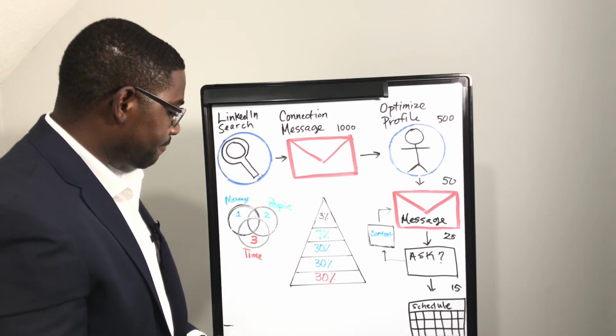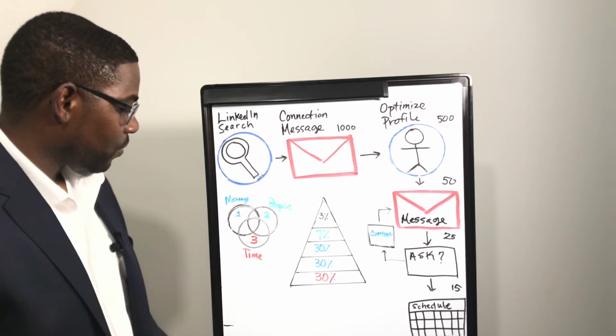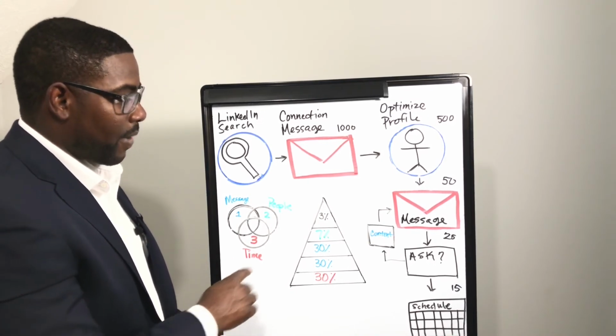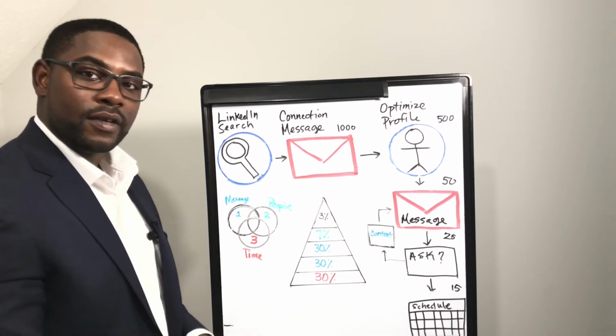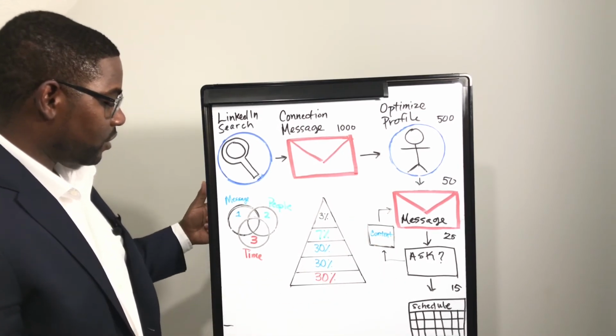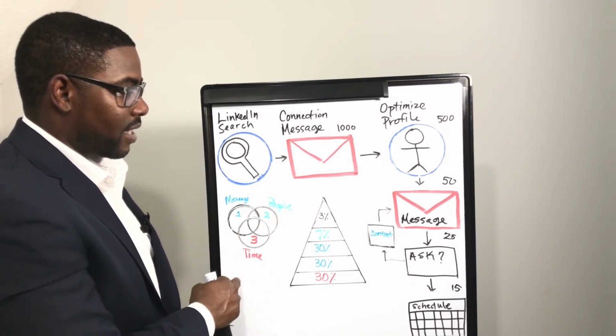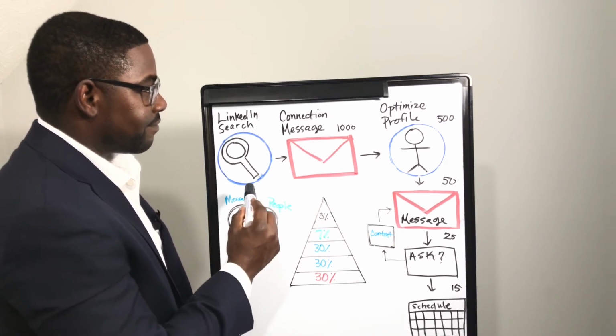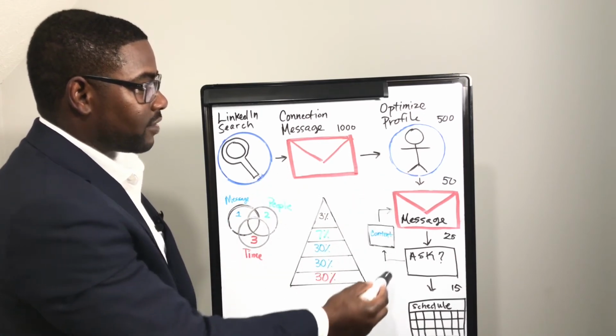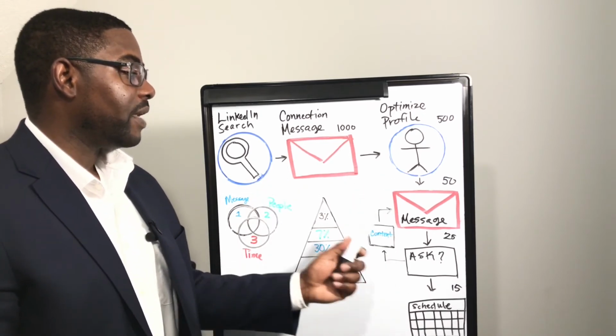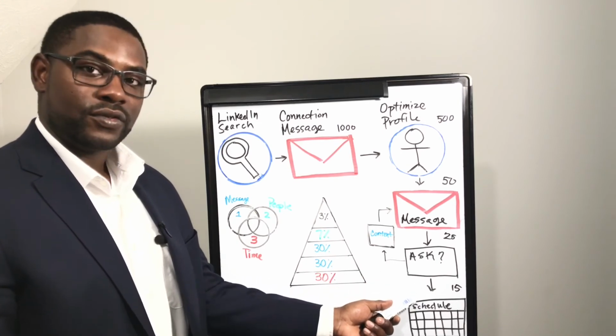And this is a very powerful diagram that I want to share about the power of following up with individuals, because you want to make sure that you have the right message in front of the right people at the right time. And going through this process, this is going to allow you to get immediately in front of the right individuals.